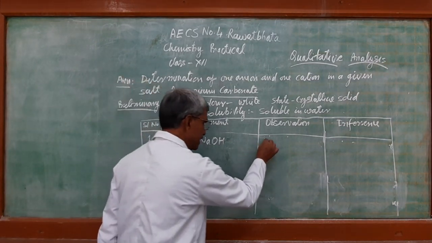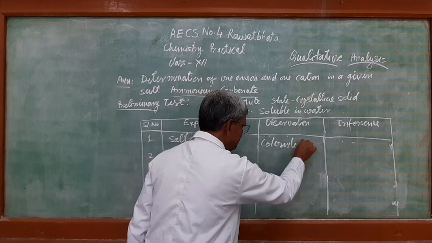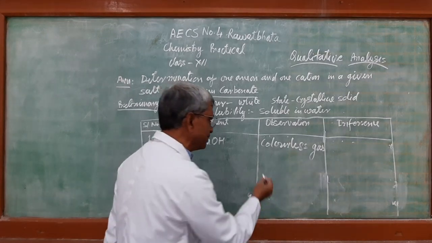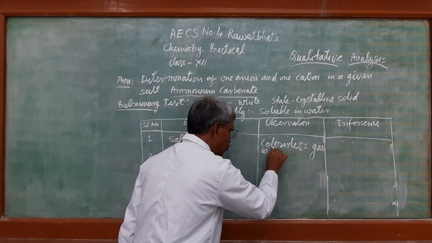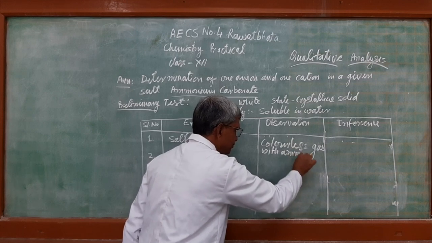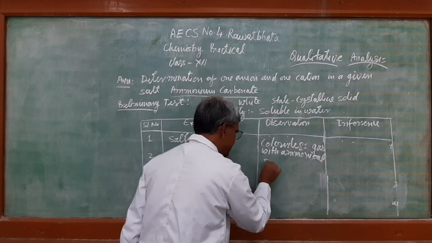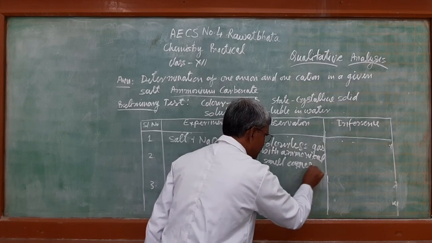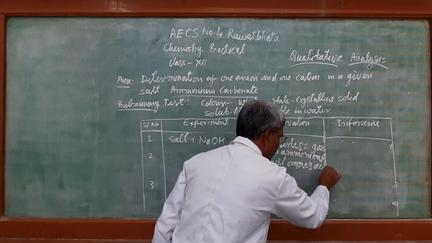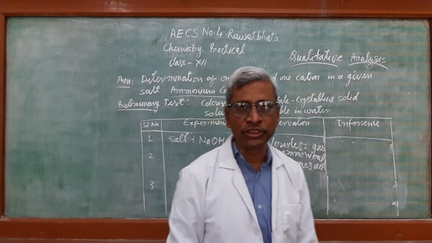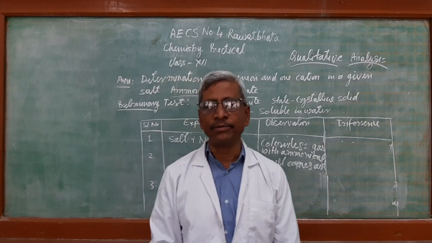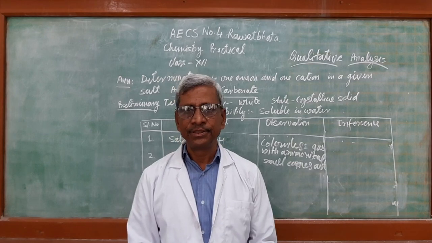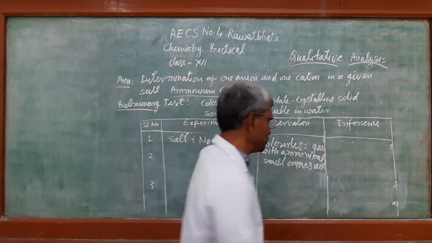Observation: colorless gas with ammoniacal smell comes out. This is the observation, colorless gas with ammoniacal smell comes out, and this shows that zero group is present, it may be ammonium.